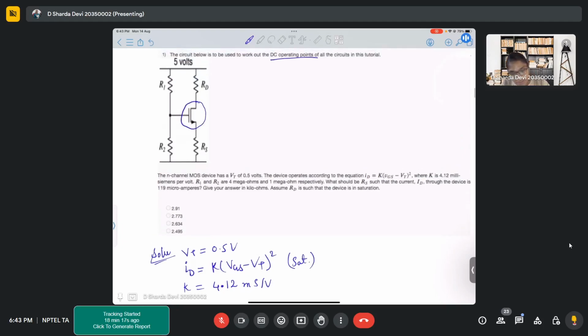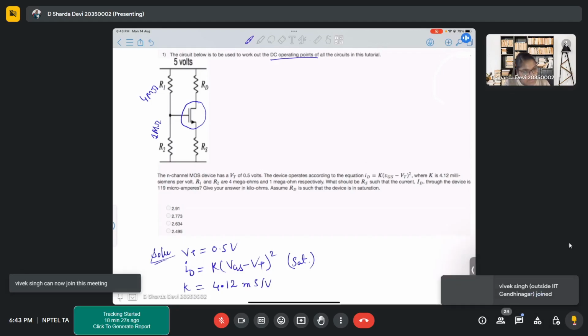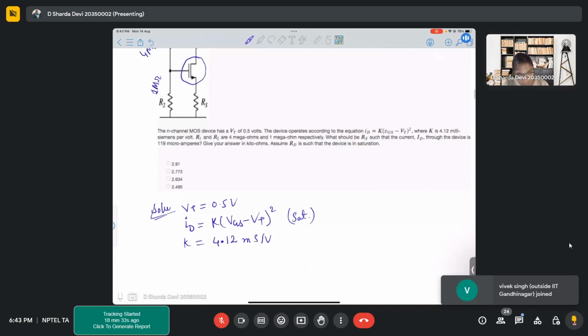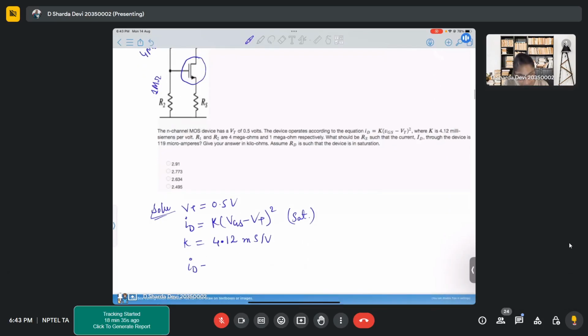Now R1 and R2 are already given as 4 mega ohms and 1 mega ohm. With this, what should be the RS such that the current ID through the device is 119 microamperes?